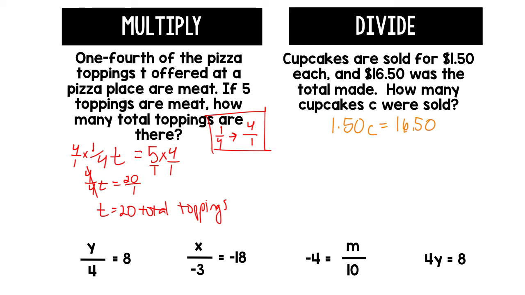So we'll divide 1.50 on each side. Just like 4 over 4 was 1, 1.50 over 1.50 is 1, cancels. So I'm left with C on the left side. And on the right, we're going to do $16.50 divided by $1.50, and we get 11, and that's 11 cupcakes.